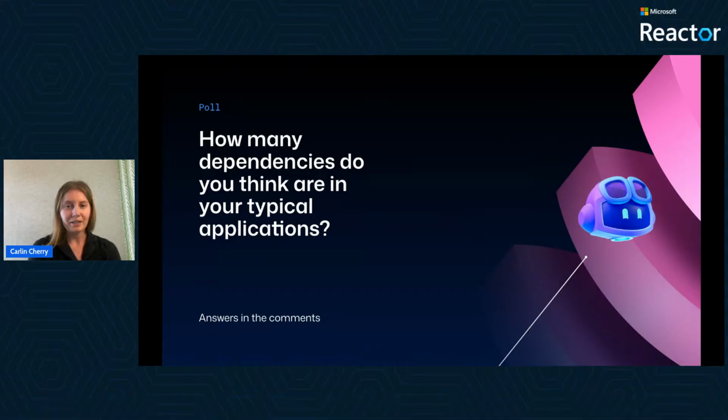So let's start talking about what is supply chain security. I have a question here. It's a poll. How many dependencies do you think are in your typical application? Drop your answer in the comments in the chat. And while you're doing that and thinking about that, I'm going to give a little bit of color to this question. When you're developing a software project, you are most likely depending on other software, things like open source libraries, frameworks, maybe other tools.